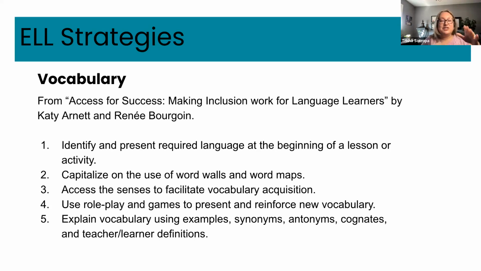Cognates is, as I showed in the word matrix, just changing prefixes and suffixes to play with the meaning of a word. And teacher-learner definitions. So the definition that you might come up with in class, you might create a class definition of a word rather than always looking it up in a dictionary or a dictionary site.